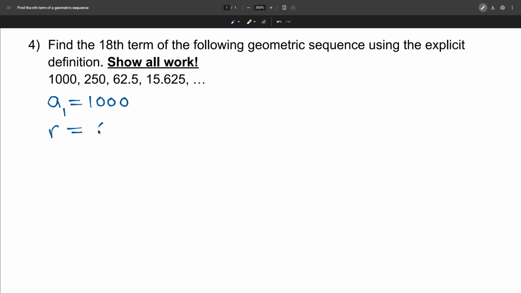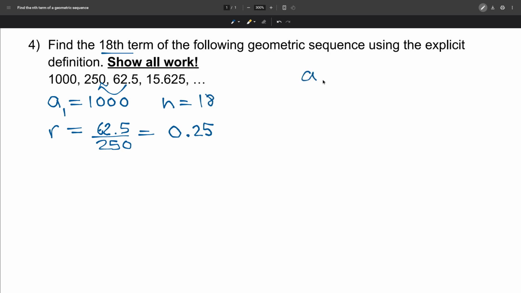So let's take 62.5 and divide by the term before it, so divide by 250. I'm just going to use my TI-84 here to do that. We get 0.25 as our common ratio. And then we want to find the 18th term, so n is going to equal 18.